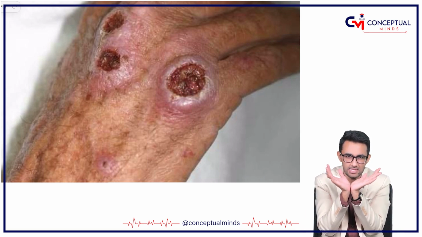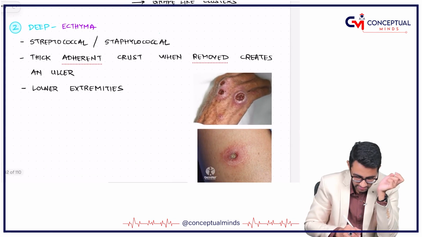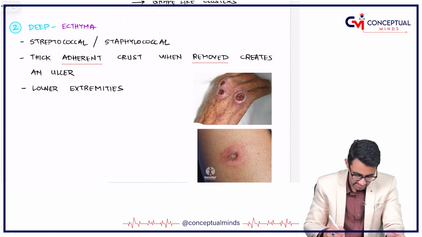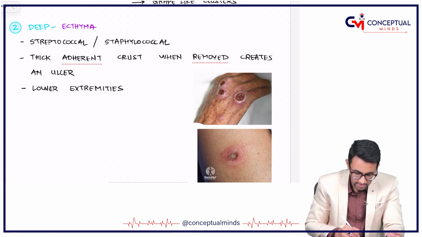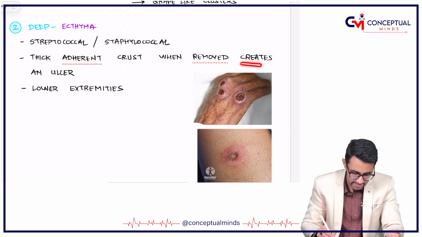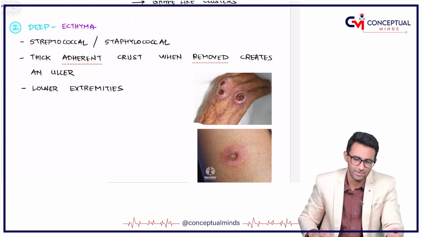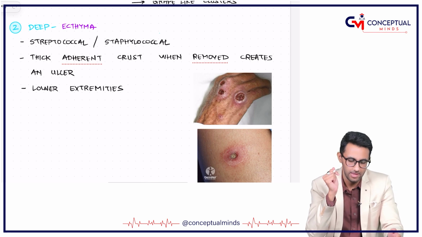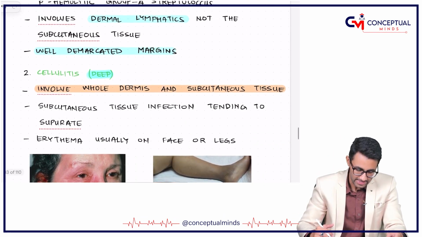The causative organism is the same, Strep or Staph. We describe this as a thick adherent crust that, when removed, creates an ulcer. Simple as that, nothing much complicated with ecthyma. Usually it's more common in the lower extremities. That is all for the ecthyma part.